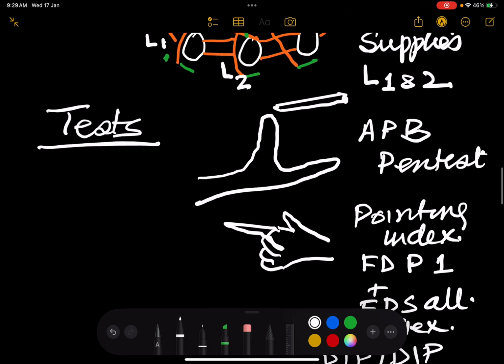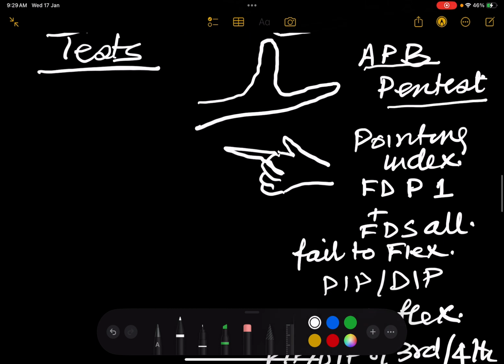Now the tests. So you test the abductor pollicis brevis, which is called the pen test. Then there is a pointing index. You ask the person to clasp both wrists. So when he makes a fist, he cannot flex the index finger because the FDS is paralyzed and because the first FDP is paralyzed.